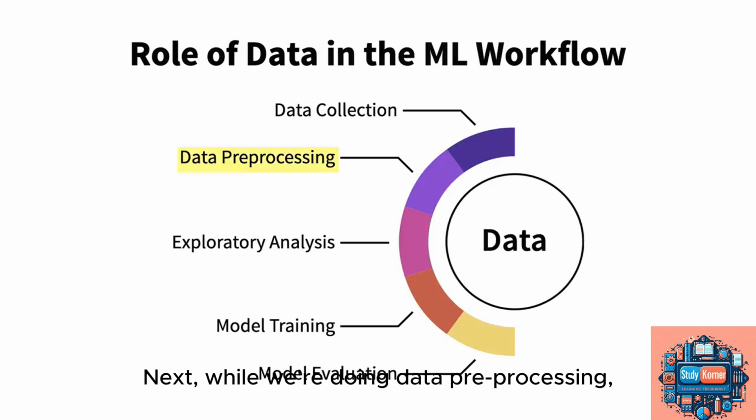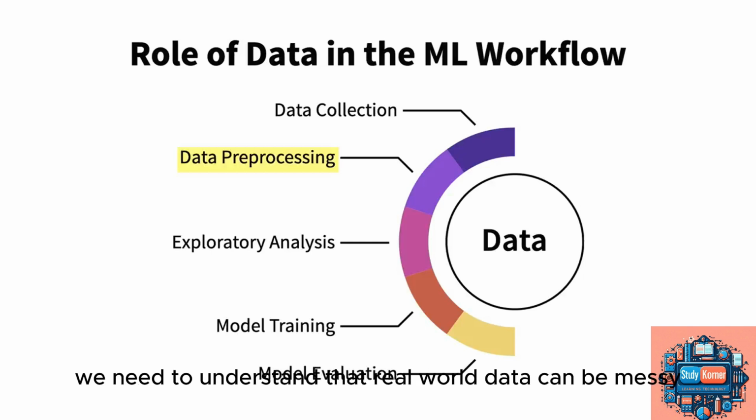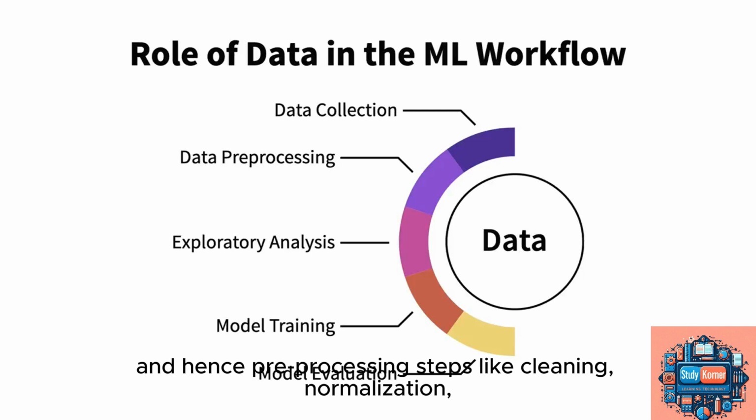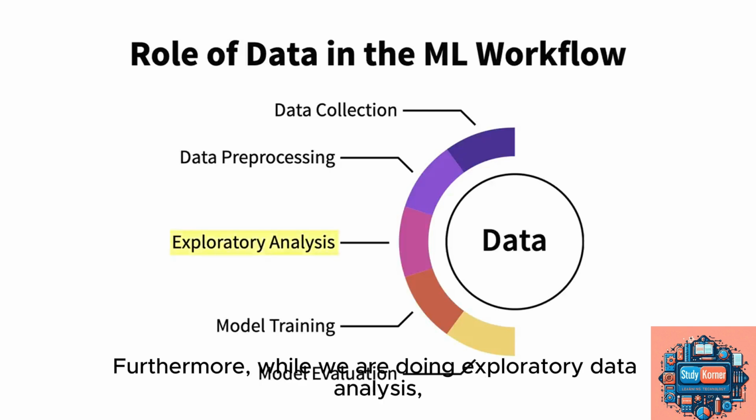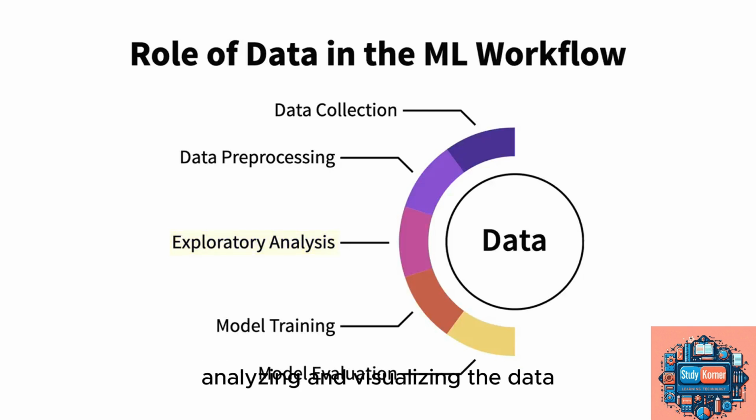Next, while we're doing data pre-processing, we need to understand that real-world data can be messy, and hence pre-processing steps like cleaning, normalization, augmentation, and balancing are crucial. Furthermore, while we're doing exploratory data analysis, analyzing and visualizing the data to understand characteristics and relationships also becomes critical.